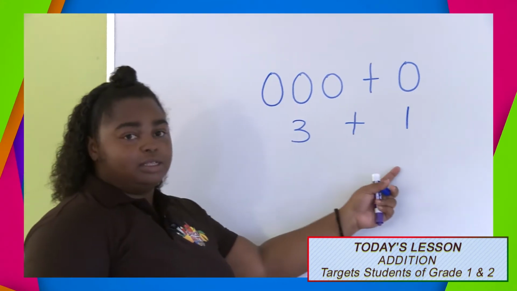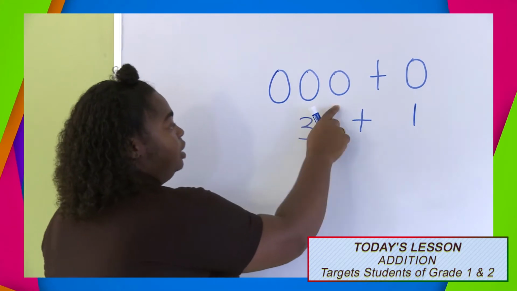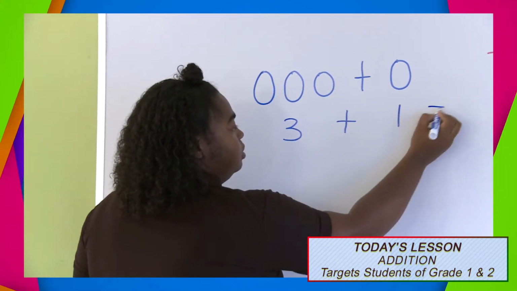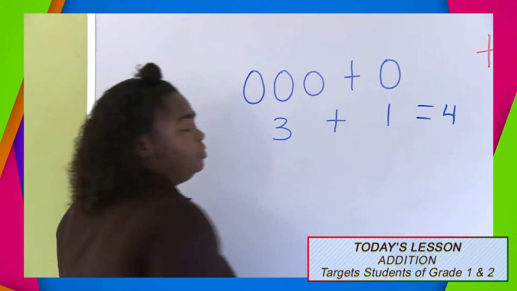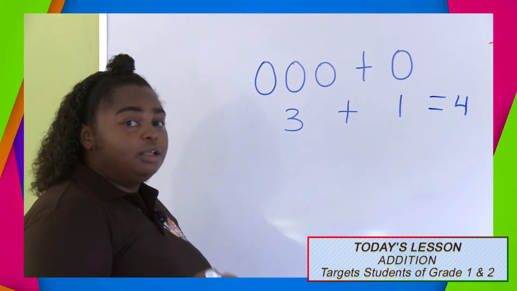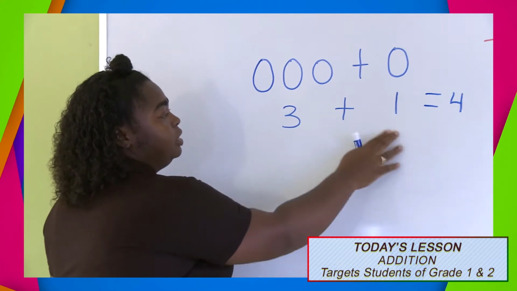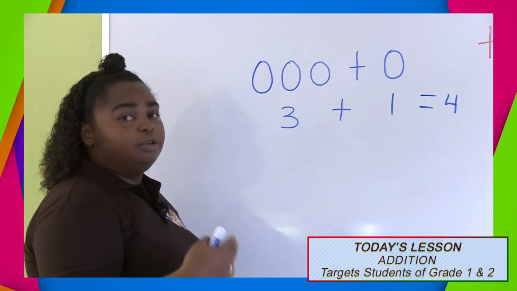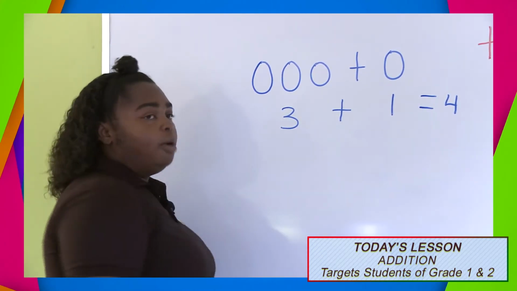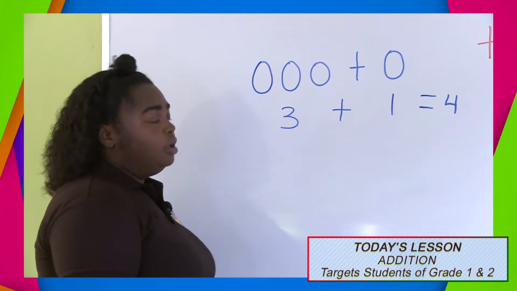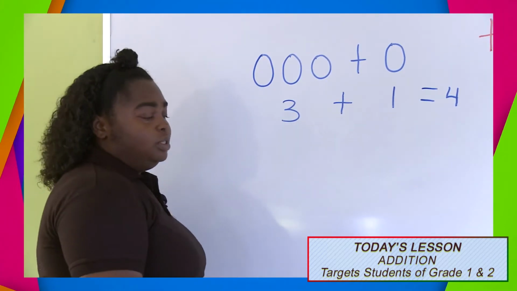And then you start to add. So you can say 3 and 1 is equal to 4. My students in grade 2, you would already understand when you see the numbers, you know you have to write or draw your objects to show you're working. So please don't be confused.